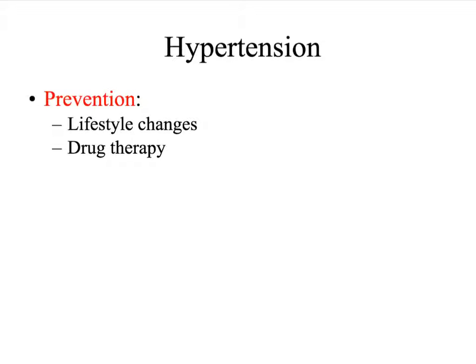This is, again, just ways to prevent high blood pressure: lifestyle changes, increase exercise, decrease stress in their life, change their nutrition. Drug therapy, maybe some cholesterol-lowering medication possibly could help them decrease the plaque buildup and hopefully decrease blood pressure in some patients. The next slide we'll talk more about drug therapy associated with blood pressure.